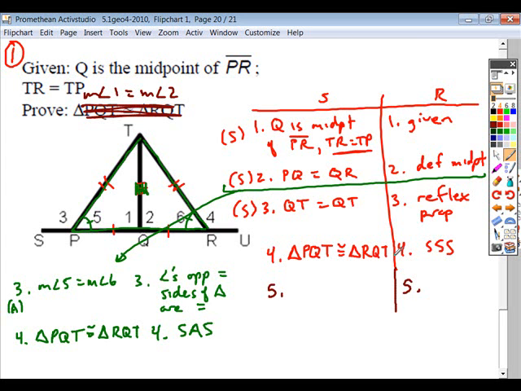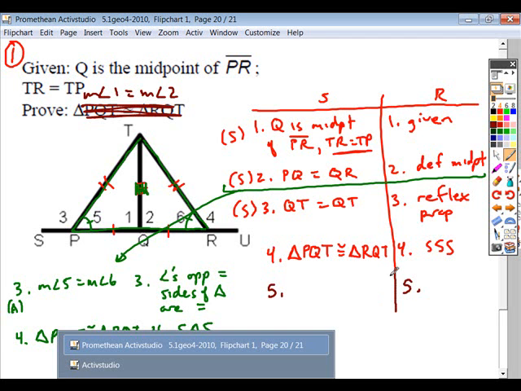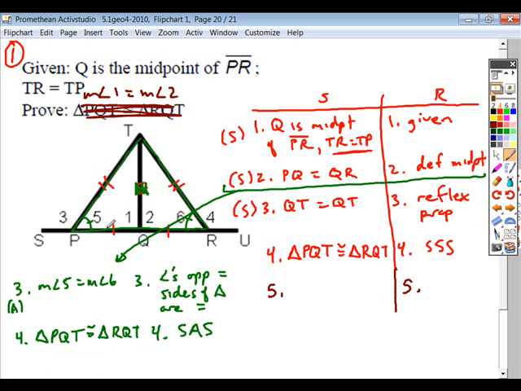All corresponding parts are equal. Okay, and so we've already discussed that as part of what this congruent statement reflects, is that angle P and R are equal, Q and Q are equal, T and T are equal. And so all of these angles are equal, so we can make the statement that measure of angle 5, which is angle P here, is equal to the measure of angle 6, which is angle R.